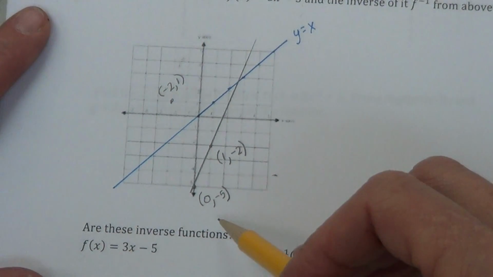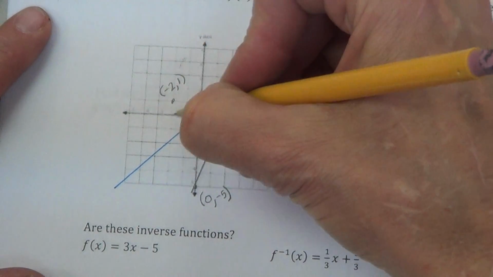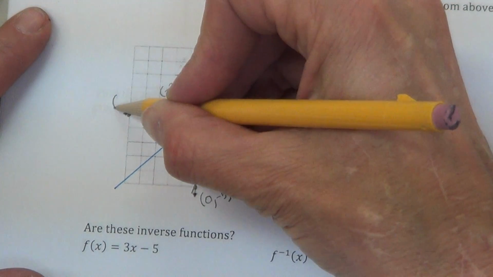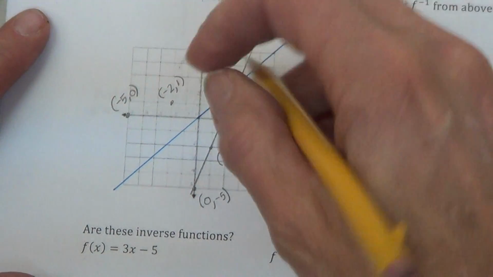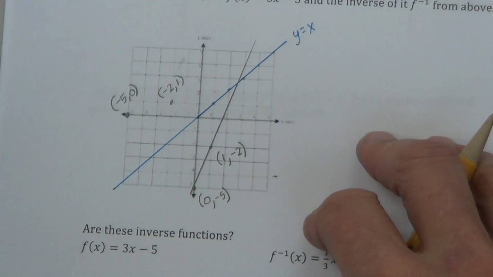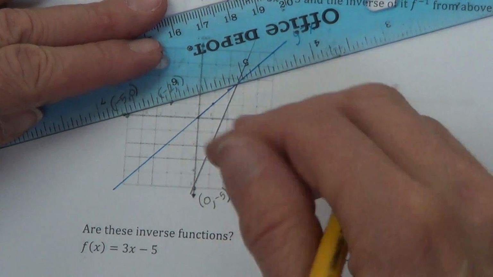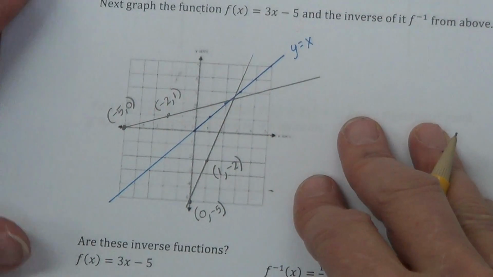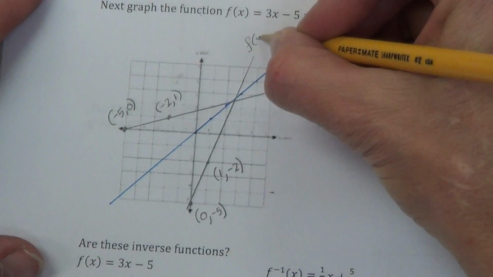And for the inverse on this one, it would be negative 5, 0. So it'd go negative 5 on the x and 0 on the y. So it's negative 5, 0. And we should be able to connect this, and it should be a complete inverse. Now, the one thing that I forgot to do was label this as f of x.